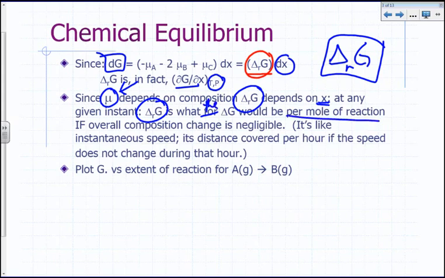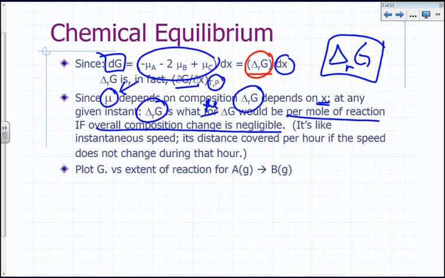It's actually a derivative, provided the overall composition doesn't change. Imagine you have 1 mole of reaction happening in a very, very large container, so that even though you have a mole of reaction, overall the composition hasn't really changed very much. The mole fractions of each component are pretty much the same. Then that would be the delta G for that reaction, for that system.